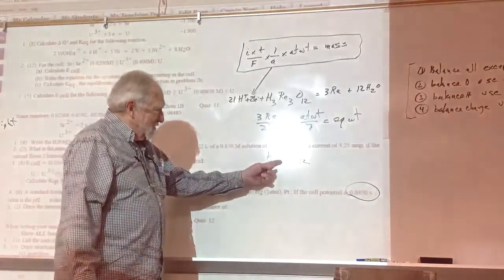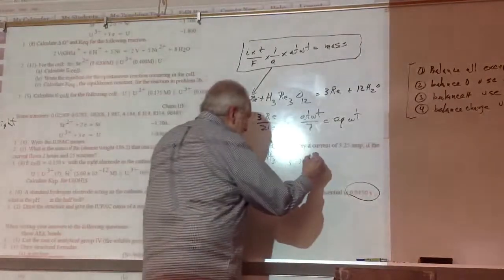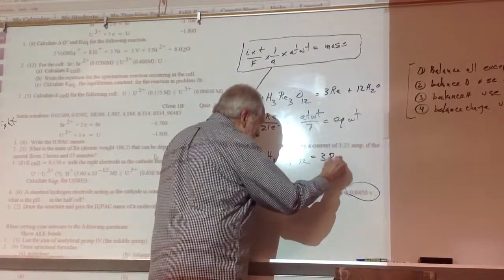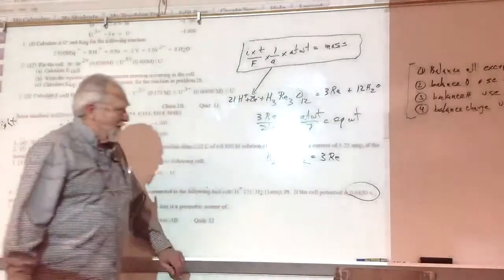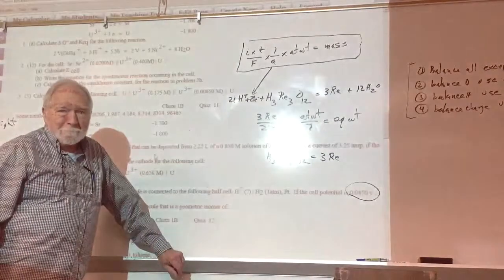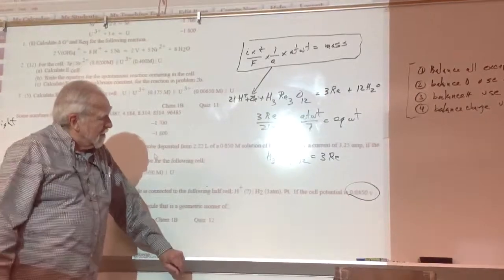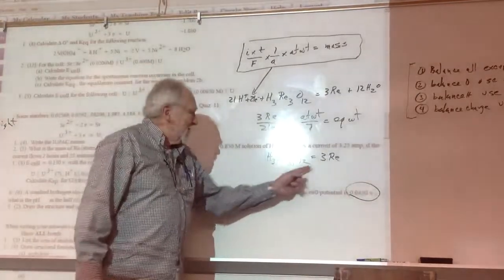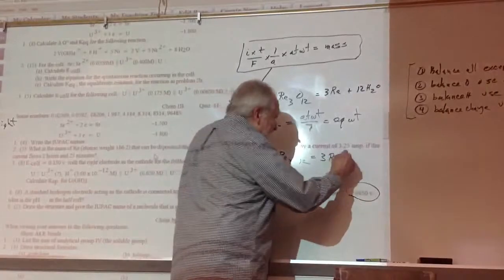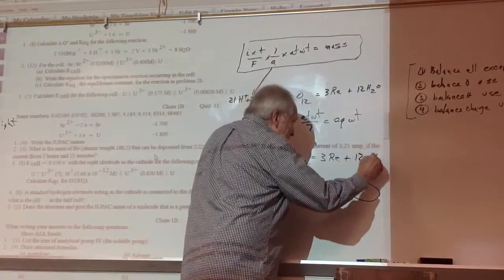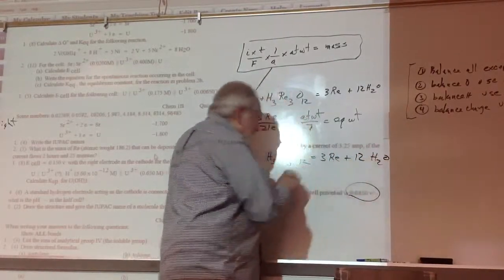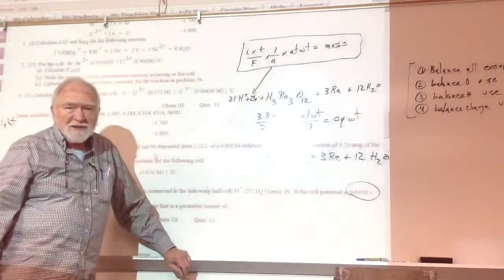The only other thing is rhenium. Now rhenium's balanced. Okay. Then the next step is balance the oxygen using water. There's no water here, there's 12 oxygen, so I need 12 waters. Now I've got 12 oxygens on both sides.